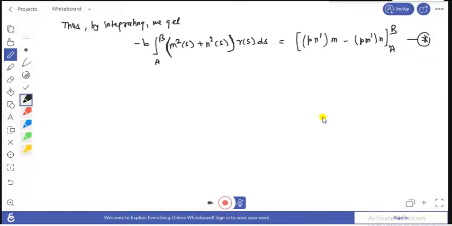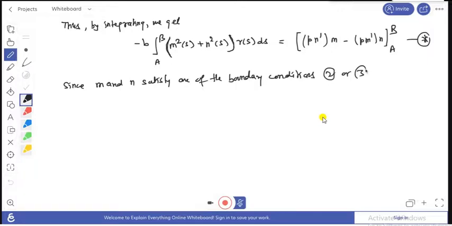Okay, so here m and n satisfy one of the boundary conditions, say 2a or 2b, as shown earlier.